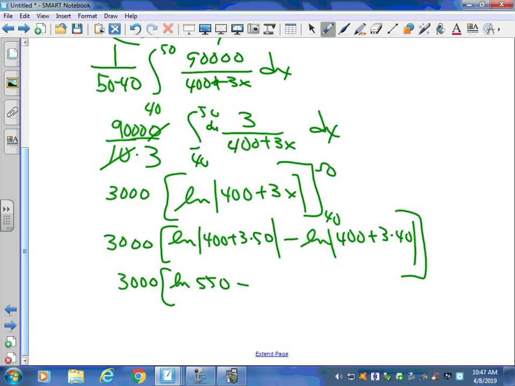And then that's 120 plus that would be 520. And if we condensed it, then it's just ln of 550 divided by 520, and a 0 could drop off, and we could just type 3,000 times ln of 55 over 52, if I've done the math right.